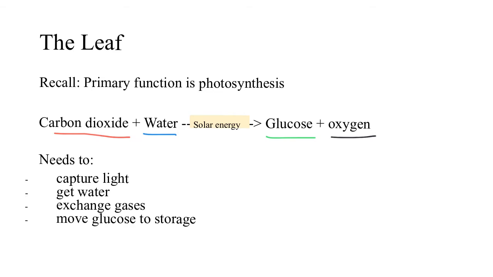If plants are sitting out in the sun all day, then the sun is hot and that causes water to evaporate, which means they need to somehow minimize evaporation of water. And the plant leaf does all of these things so beautifully in its structure.